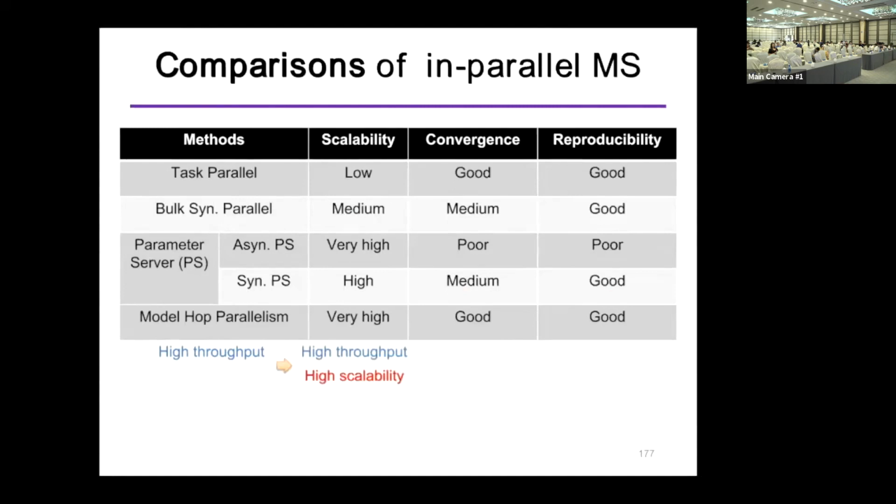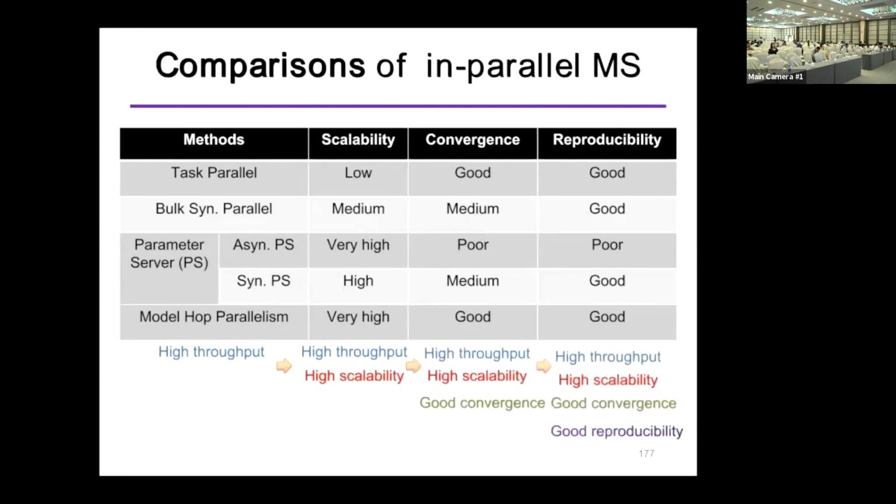Then we care about high scalability, and how much data we can test. Then we want to ensure good convergence, and then we want to guarantee good reproducibility. We want the first run of the model selection and its result to be the same as the second one and third.